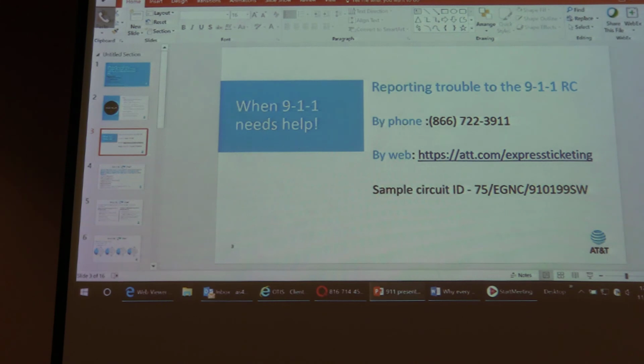If you do not want to call into the Red Center and it's not urgent, say you've got a small problem that's not life-threatening, there's a link called Express Ticketing where you can open your own ticket and they will send you all of the updates as that ticket is being worked. I know you've not used it in the past, or maybe some of you have, but it is an option. I can provide that information to Lori, and she can send it out to you, so you have it for non-emergency situations.